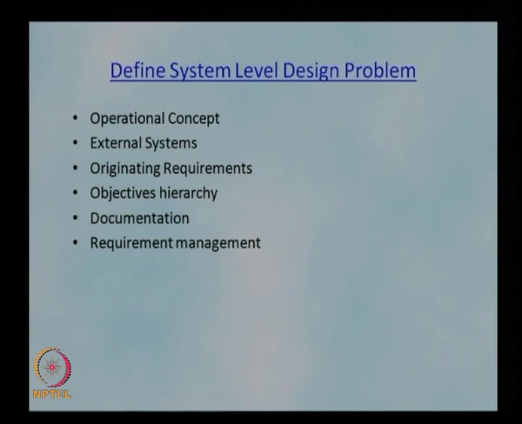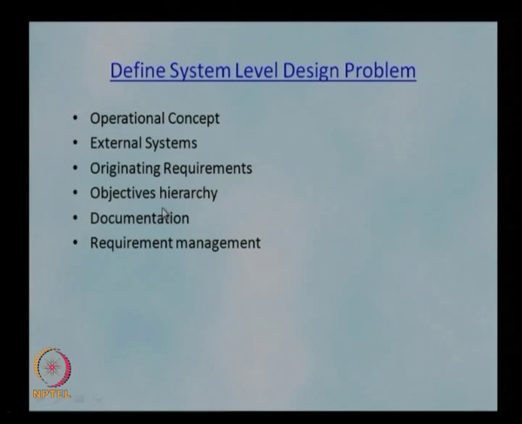So, coming to the first process, which is to define the system level design problem, the first of the 6 functions. In this stage, we try to develop the operational concept for the system. We try to identify the external systems, which are external to the system being developed, and we try to identify the originating requirements.